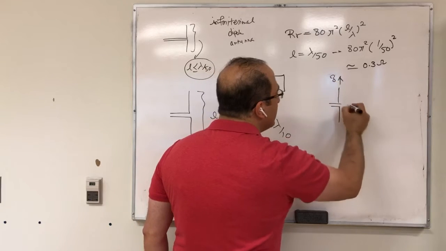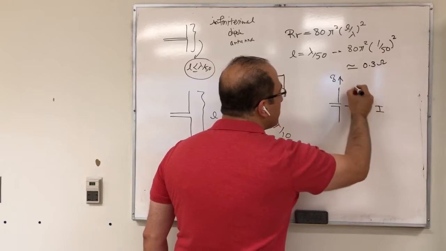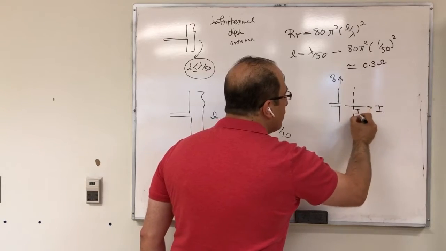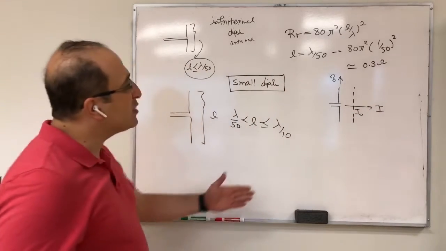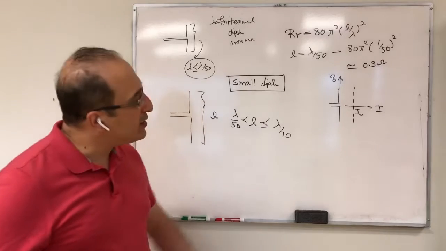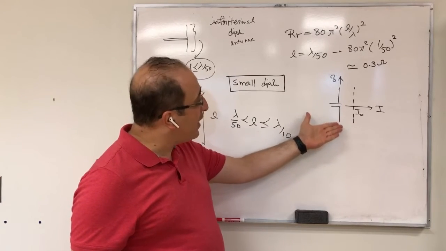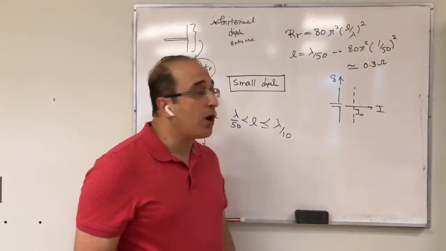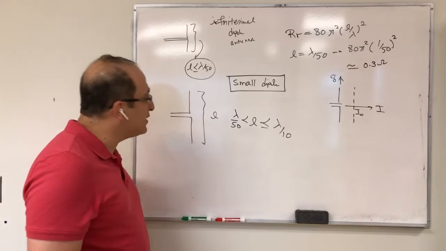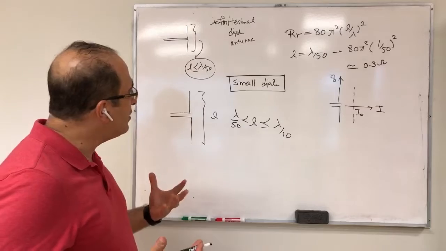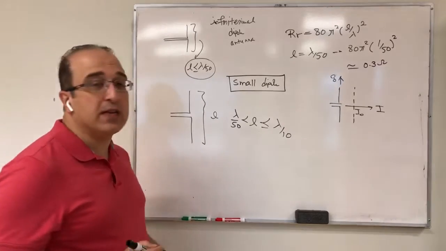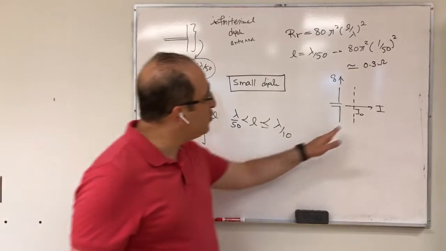If this is the Z axis of current, this is the uniform current. I'm not going to assume uniform current for this one, because you need to do some extra step to make it uniform current. I want to be more practical with this one, and practicality means the current needs to go to 0 at the end. So I'm not going to assume uniform.